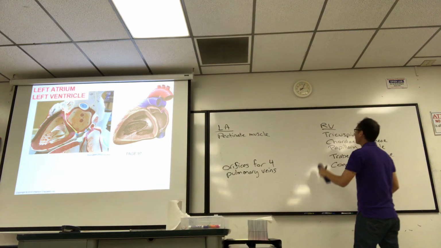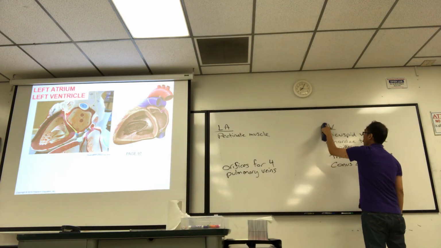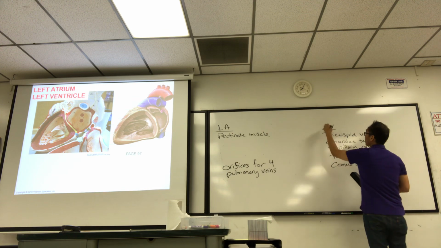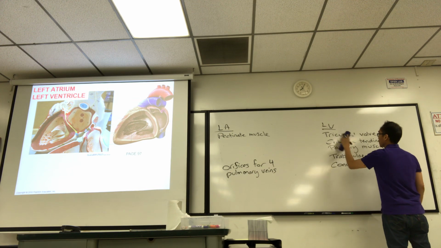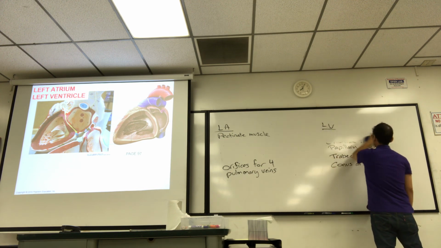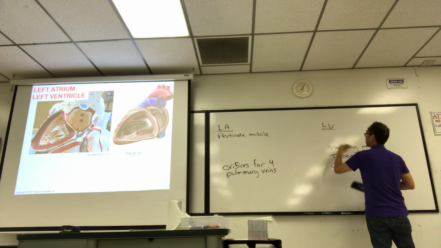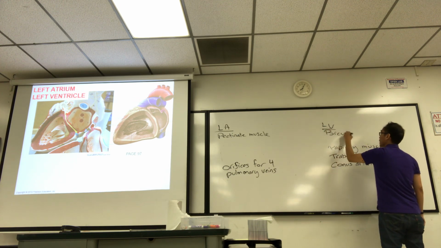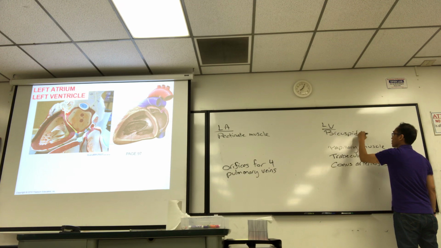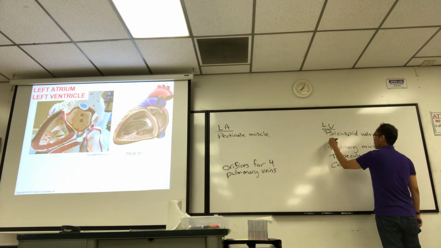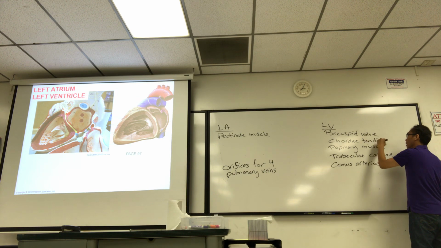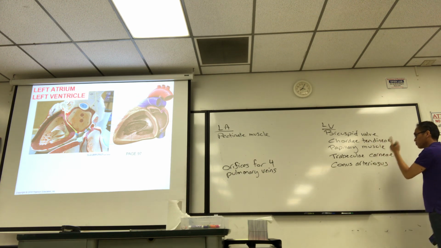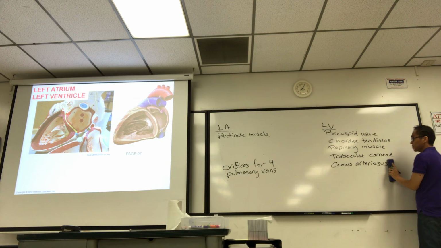For the LV, it's the bicuspid valve. And I guess I'll relist chordae tendineae, papillary muscle. You still have trabeculae carneae, but there's no conus arteriosus. It's all the same stuff.